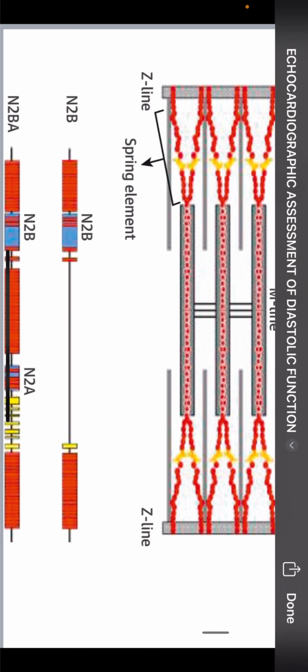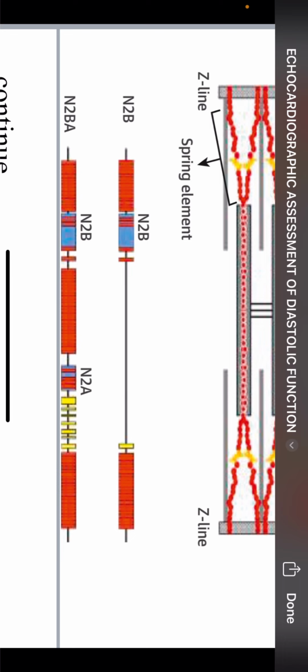It is a big protein. Contraction cannot occur, and deficiency of titin is one of the causes of muscular dystrophies. So titin is a very important part of the sarcomere.